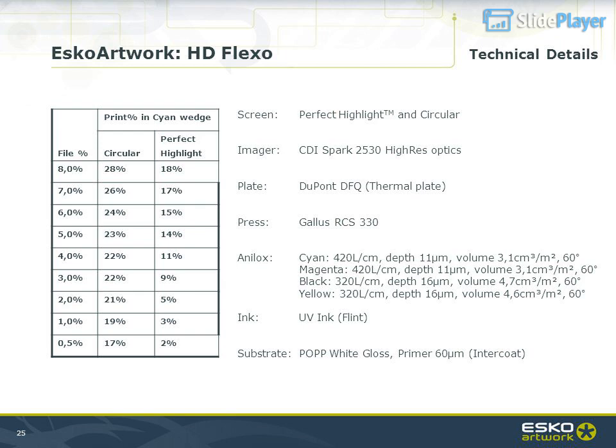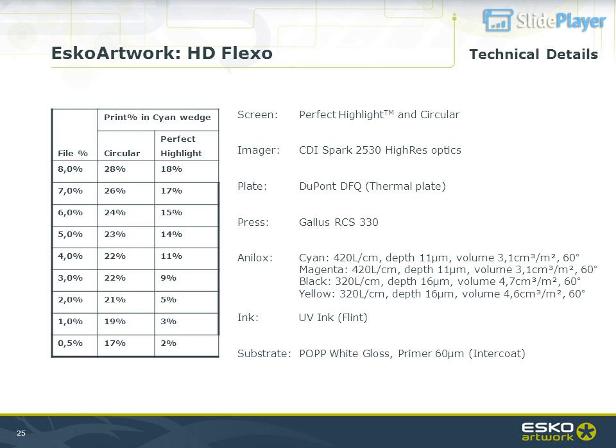Circular Perfect Highlight. 8.0%, 28%. 18%, 7.0%, 26%. 17%, 6.0%, 24%. 15%, 5.0%, 23%. 14%, 4.0%, 22%. 11%, 3.0%, 9%. 2.0%, 21%. 5%, 1.0%, 19%. 3%, 0.5%, 2%. Screen: Perfect Highlight TM and circular.